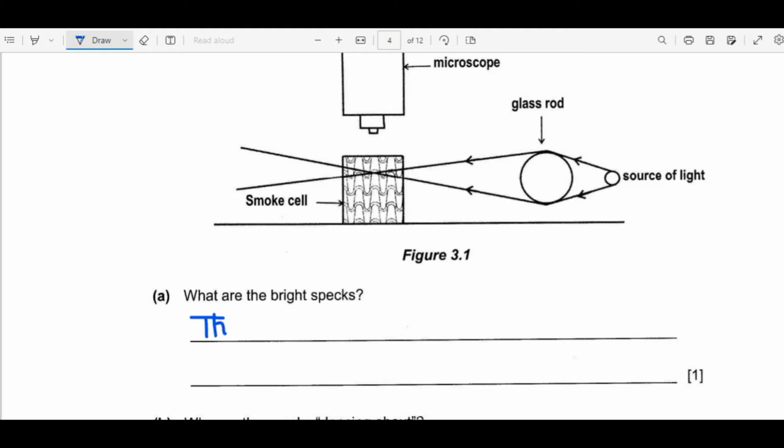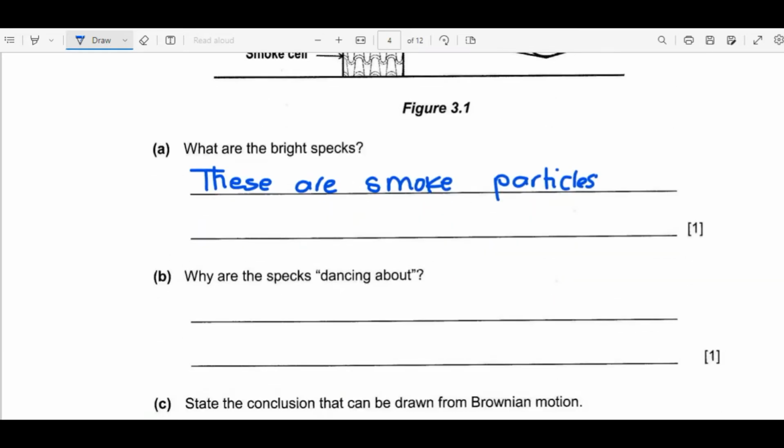So these are the smoke particles, because the whole observation was about smoke particles. Then why are the specks dancing about?